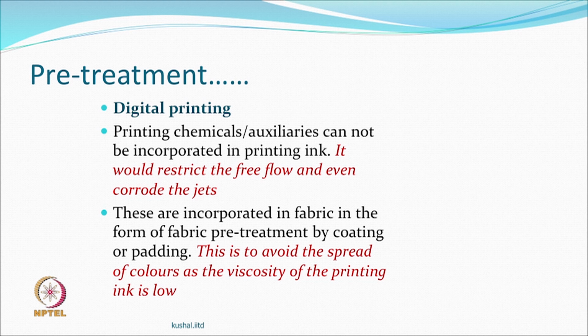It would restrict the free flow and even corrode the jets. So, all those things will not be there. Therefore, some of these things, if required, will have to be put on the fabric first.